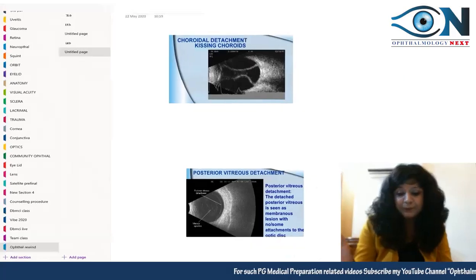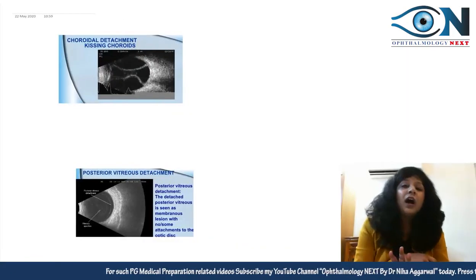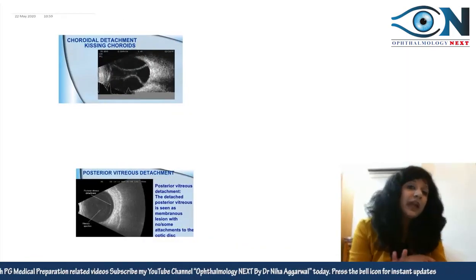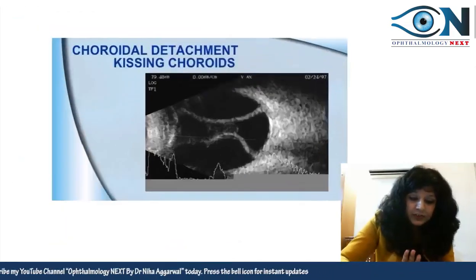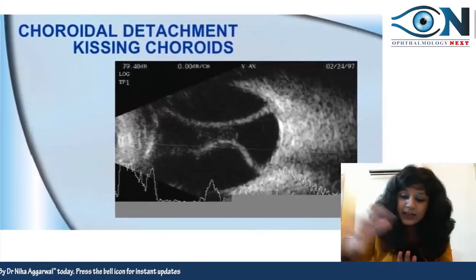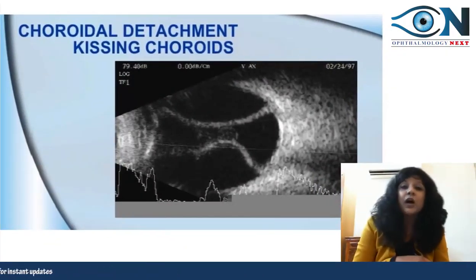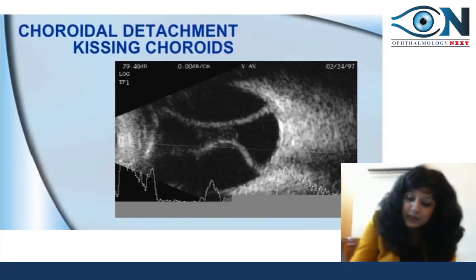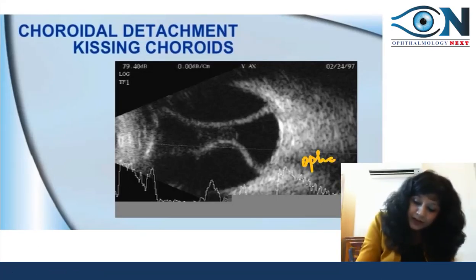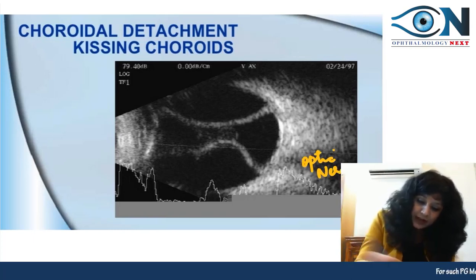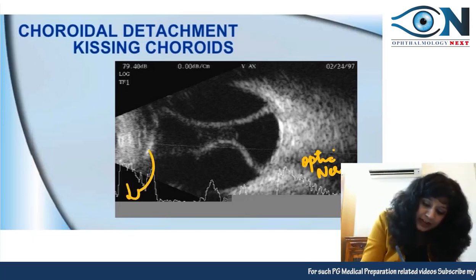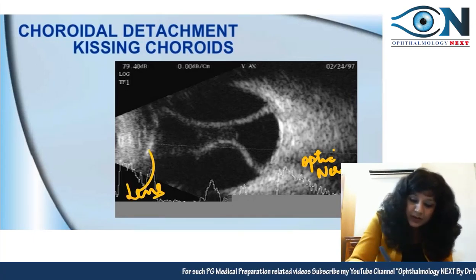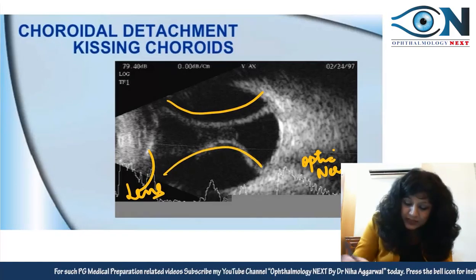One more thing, you should also see how the B scans look in cases of choroidal detachments. Now see this. This is a case of B scan where you are having choroidal detachment. This is your optic nerve shadow, okay, and this is your lens shadow. Can you see one detachment here and one detachment here?